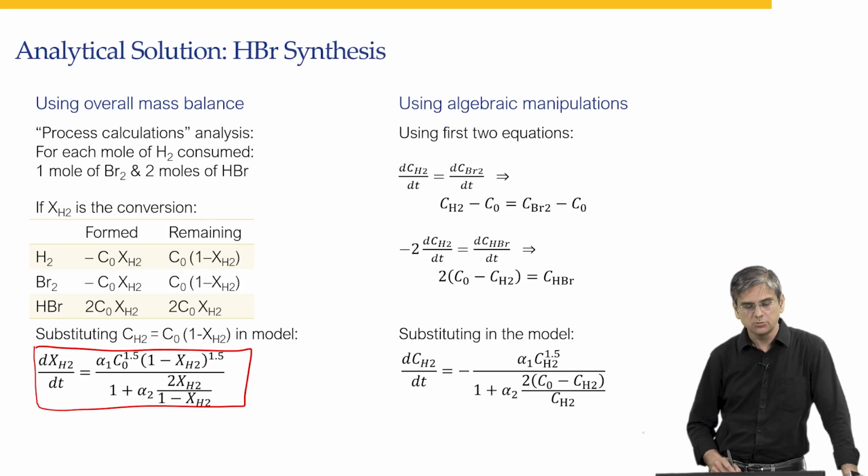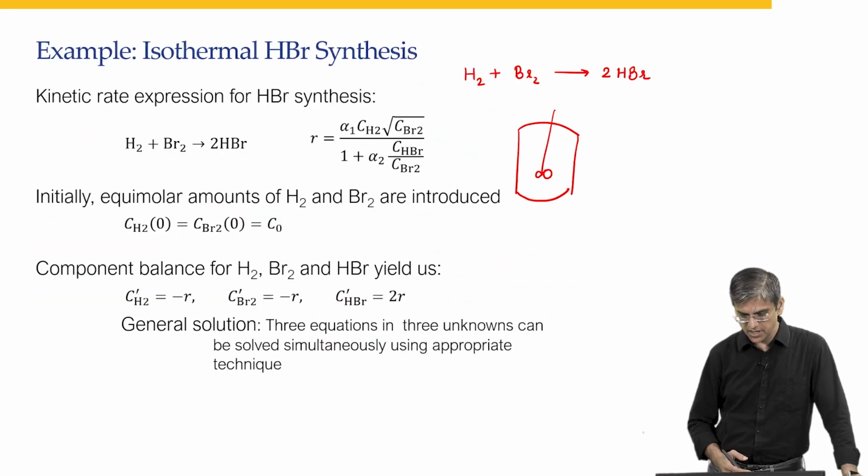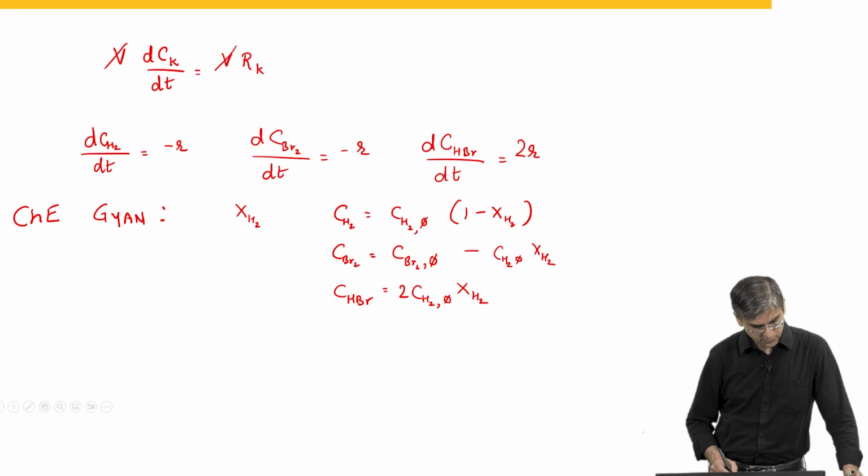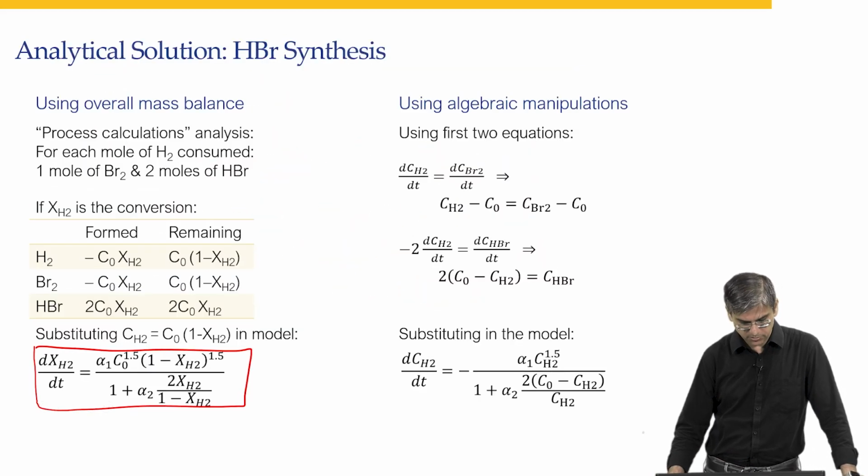Now, what is this equation? This is nothing but substituting the rate of reaction, this rate that we have over here, we just substitute the values in terms of x, that is conversion.